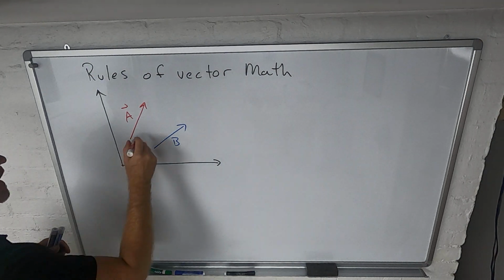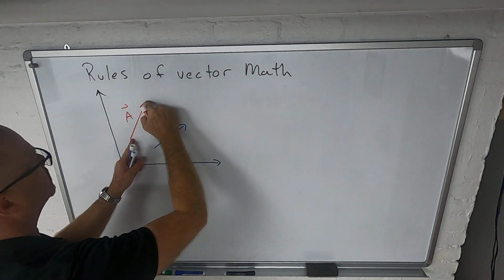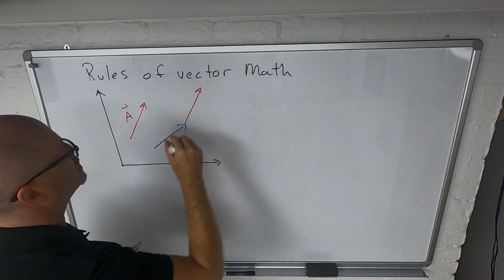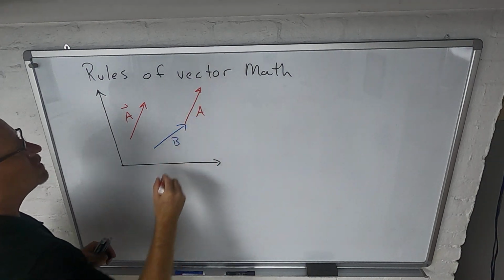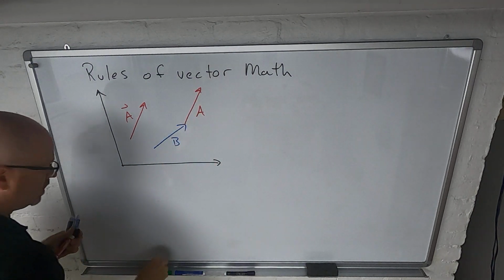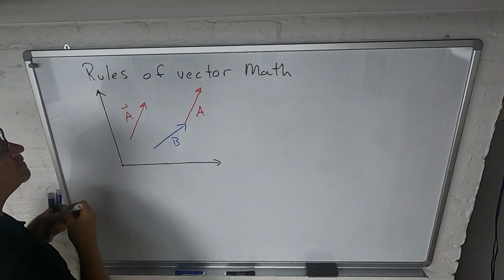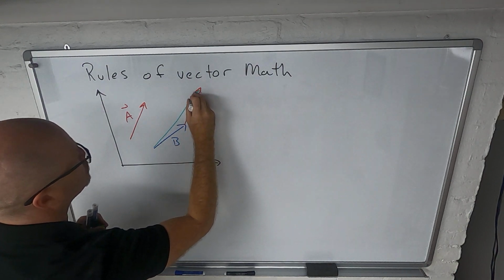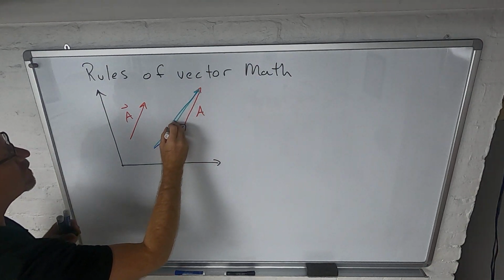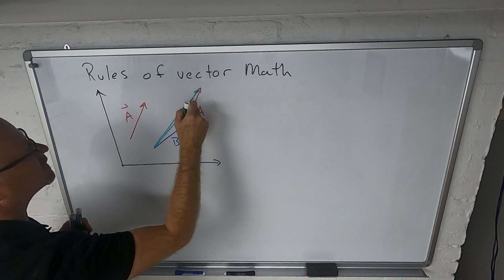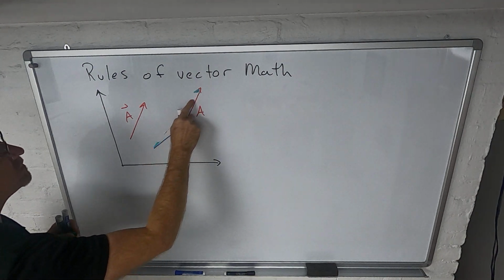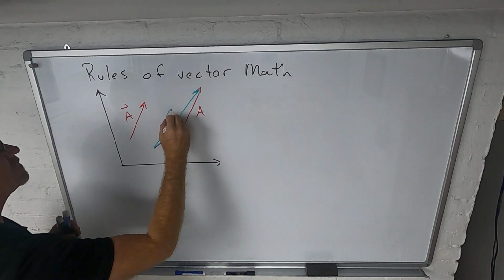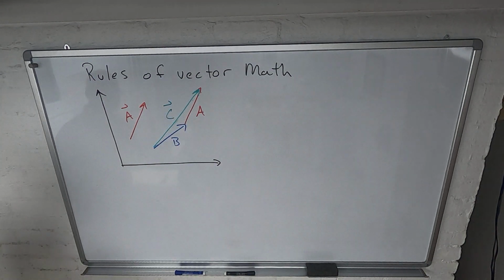Let's now shift A over, so here's A, I'm going to shift it to B, and this is now the result, which is A plus B, which is this vector right here, which I think we've defined as being C. Let me try and draw that slightly better. There we go. So this is C, A plus B.